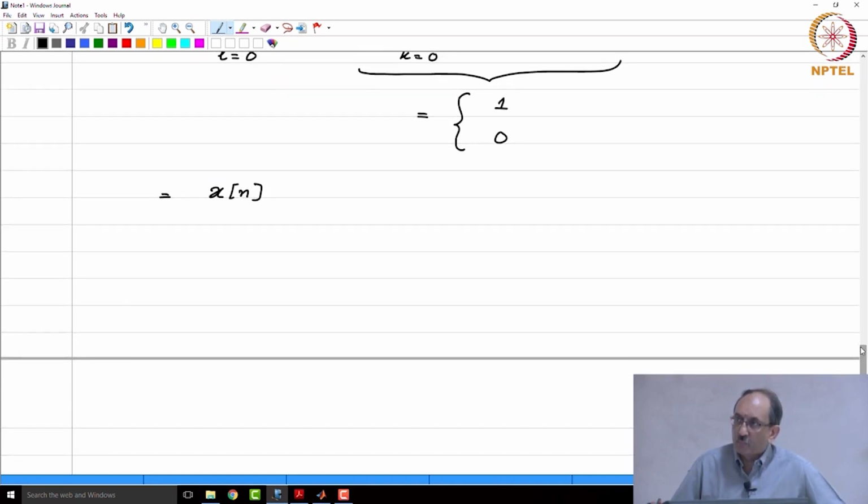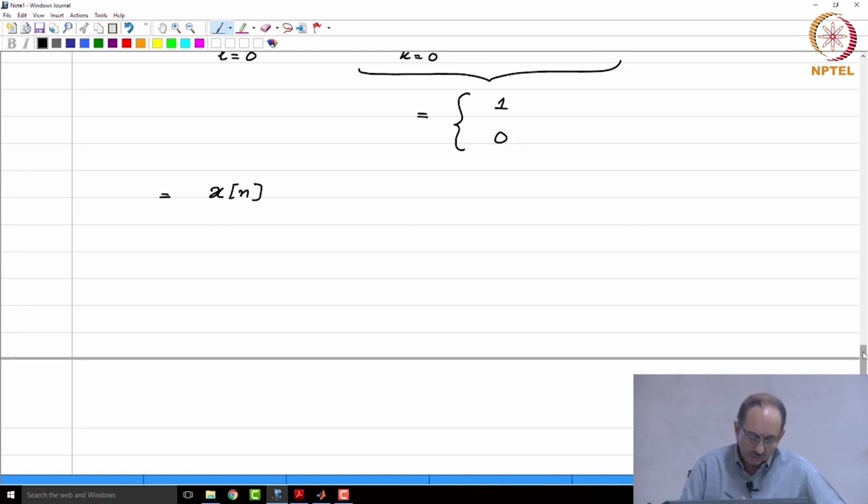Now, there is another viewpoint of the DFT. We can think of the DFT as being samples of the DTFT. When we started off with the DFT definition, we just gave it as, here is the formula, take it, right, no explanation was given, but now whatever we have seen so far has shown that this is consistent, that if you start off with this as the definition of the DFT, then you get this as the inverse and they are consistent.